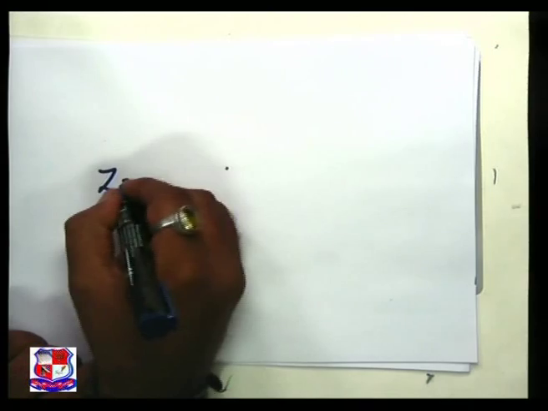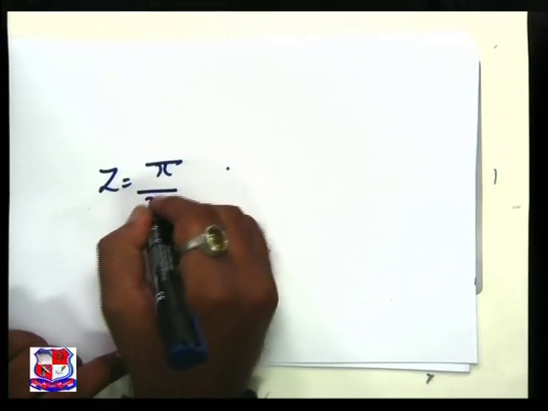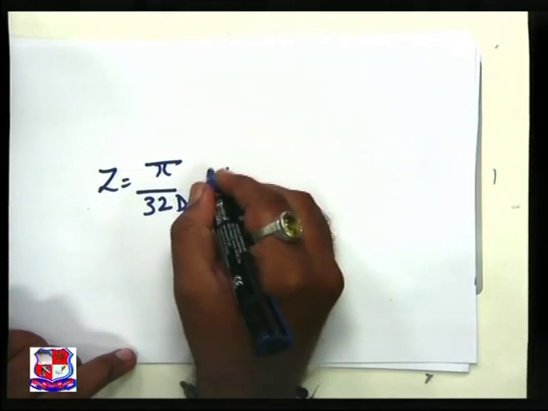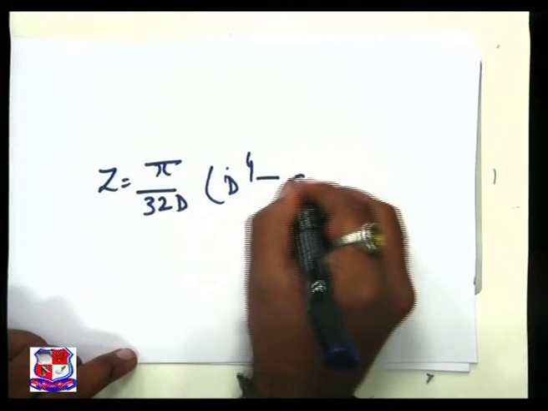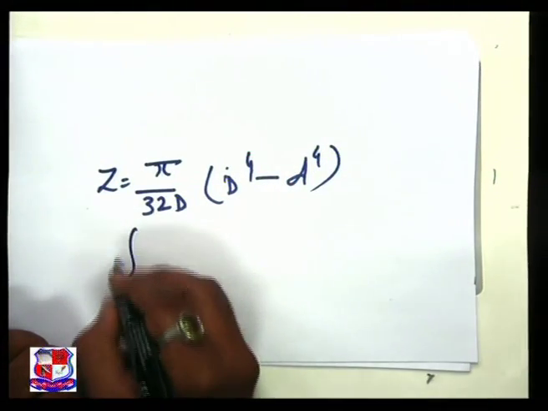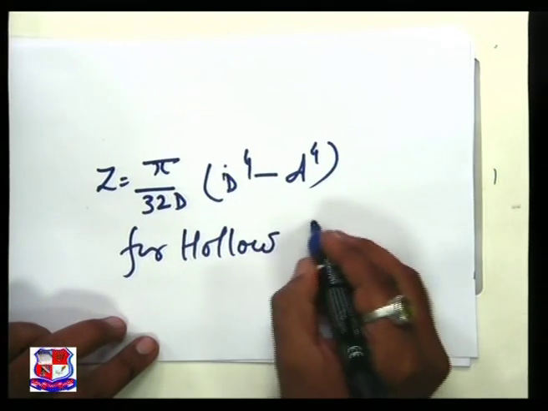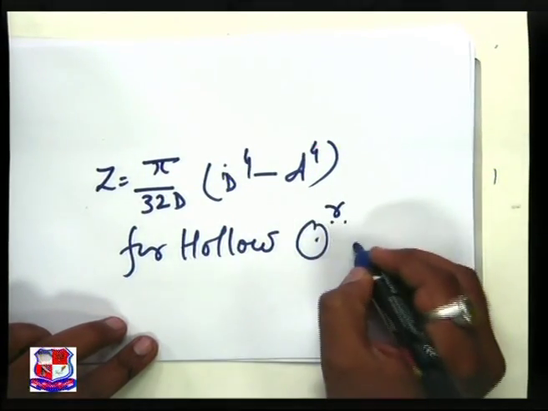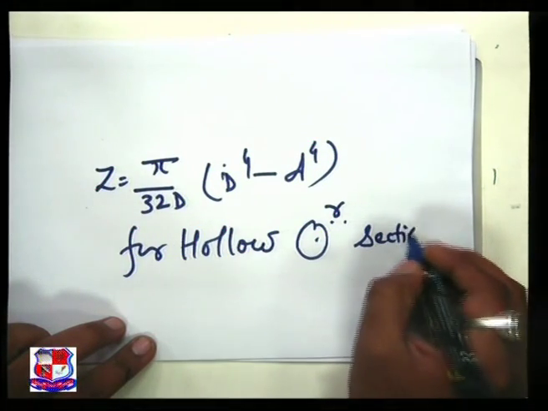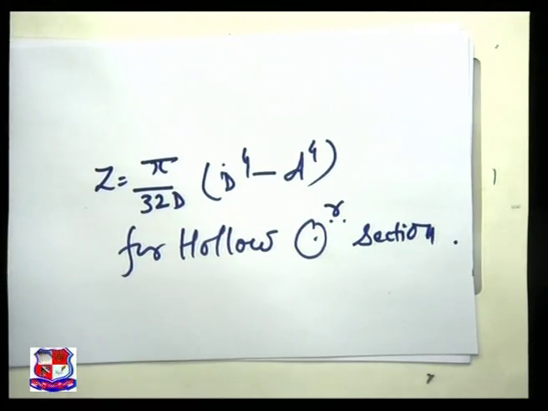Then we got Z is equal to pi by 32D bracket D raised to 4 minus d raised to 4 for hollow circular section.